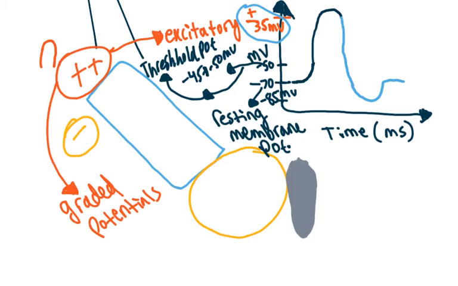So we're having excitatory signals here, and these excitatory signals travel down the dendrites, through the cell body, the soma, and reach the axon hillock.